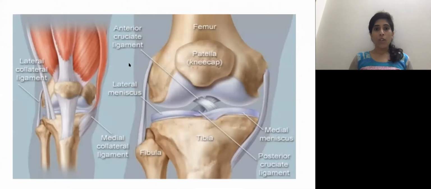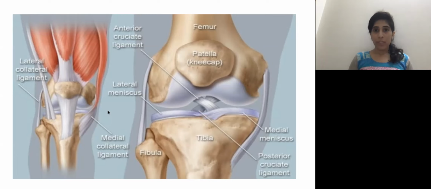Along with these bony articulating surfaces, the stability of the tibiofemoral joint is also provided by the ligaments, that is the ACL anterior cruciate ligament, posterior cruciate ligament PCL, lateral collateral ligament and medial collateral ligament.